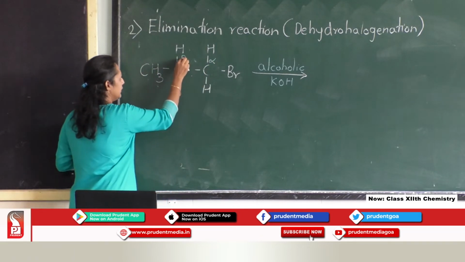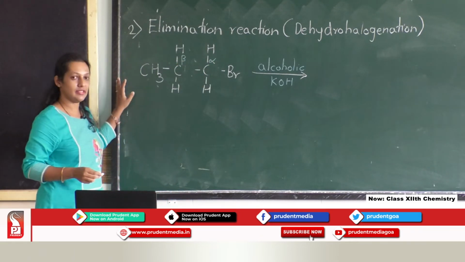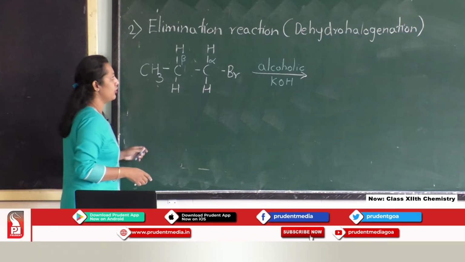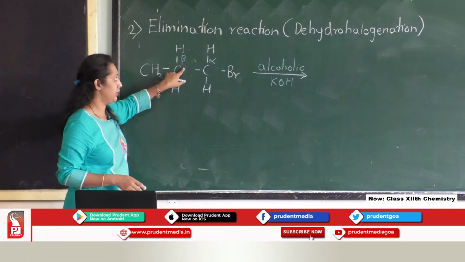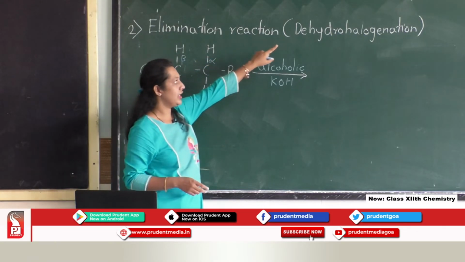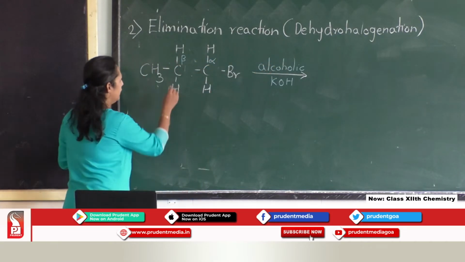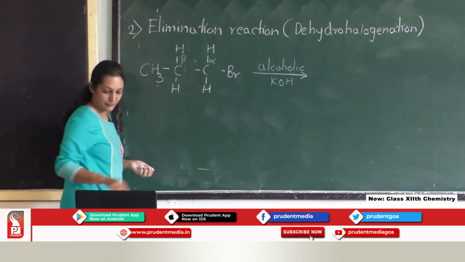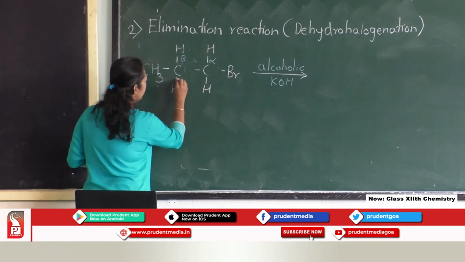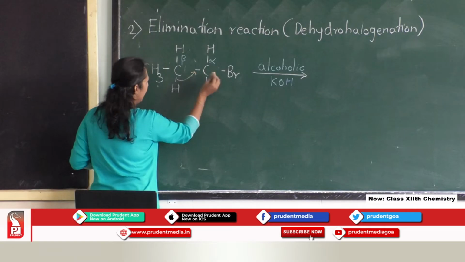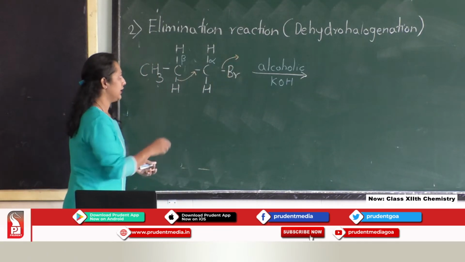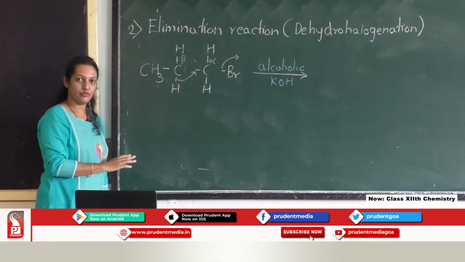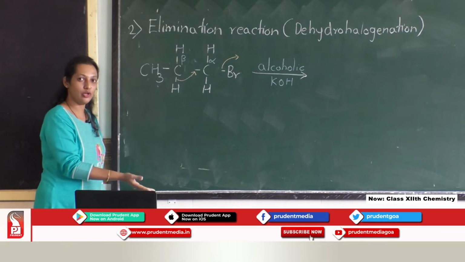The next one is the beta carbon and the next is the gamma carbon. Now, we are going to focus mainly on the alpha and beta carbon. Since we have to remove the hydrogen and halogen, from the beta carbon we are going to remove one of the hydrogens, and from the alpha carbon the halogen will go. Okay. That means, in this reaction we are removing hydrogen also and halogen also.